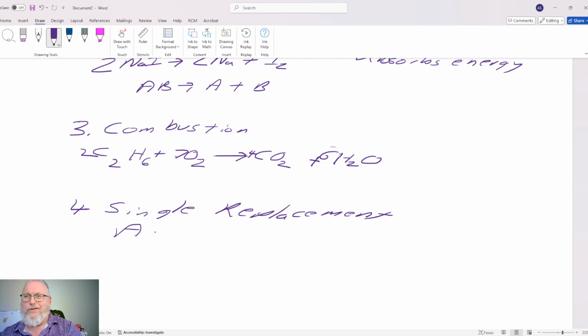You've got a metal or something, could be a halogen, and you're going to react it with a compound. We're going to call that BC, and the A is going to replace the B, so this B is going to be by itself, and it's going to have a new compound with the A replacing the B.